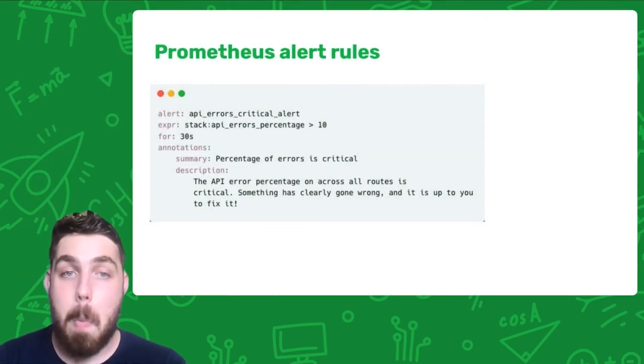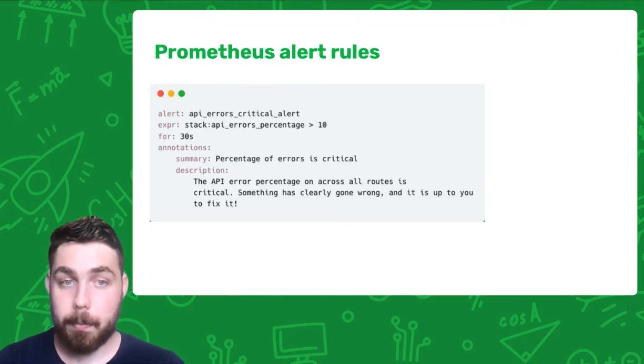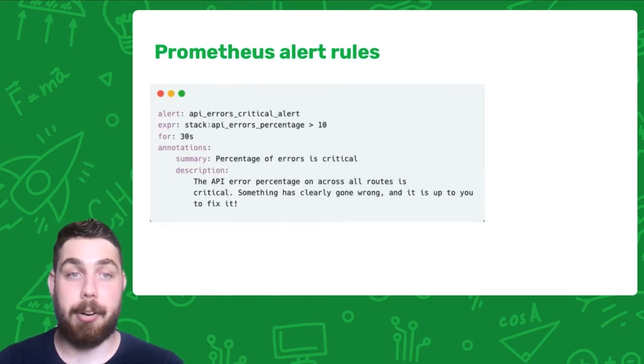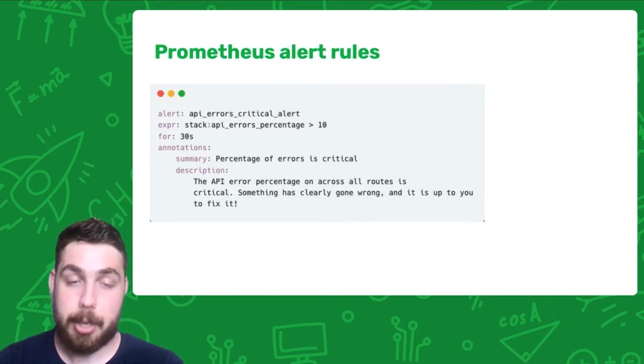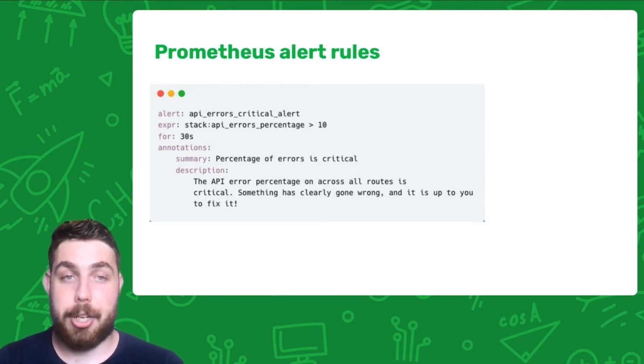To do this, we need to generate some alert rules. And alert rules look like this. Alerts have a name in that alert field there, and there are some illegal characters, so when we're automatically generating the name, we do have to be a little bit careful. Then there's an expression, and the alert will fire if that expression is true. You can control how long that expression has to be true for before the alert fires with the for field underneath.